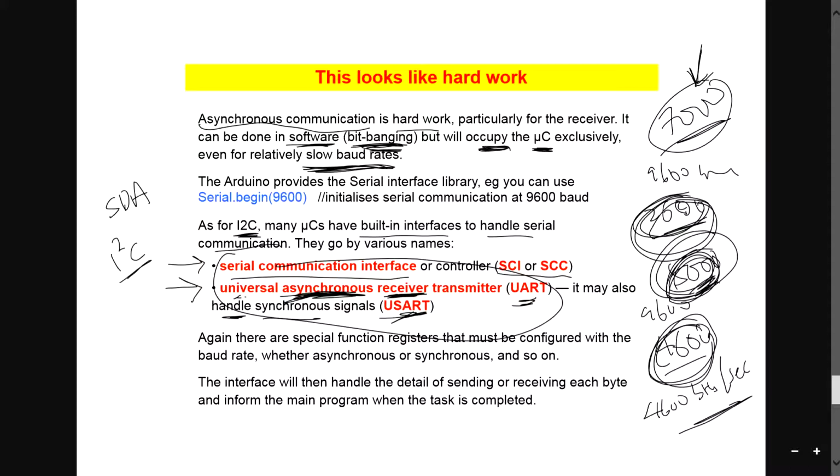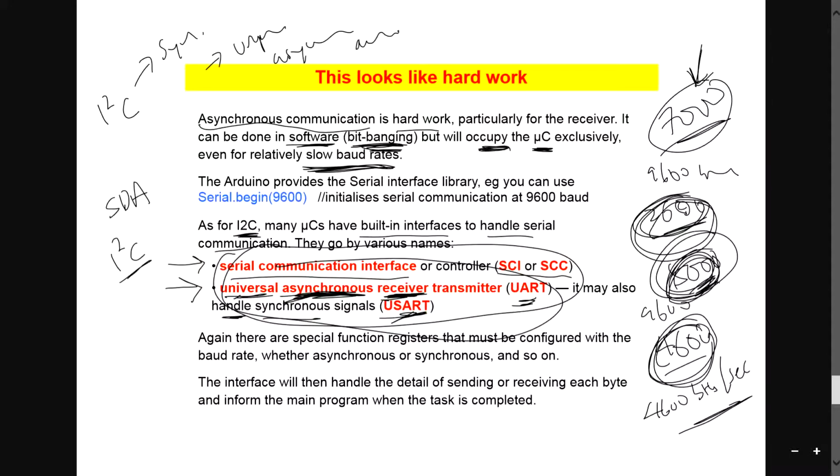These are the purposes of the universal asynchronous receiver within itself. So I2C by default is a synchronized system, but it can also help to unpack asynchronous data, with these two interfaces, so to speak.